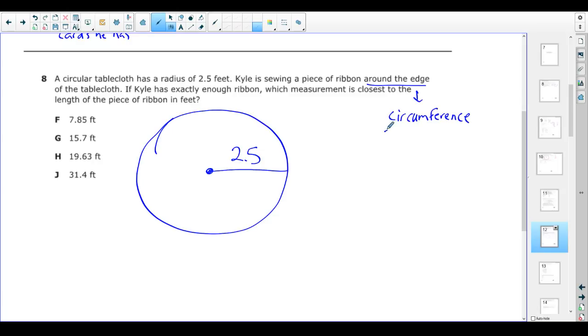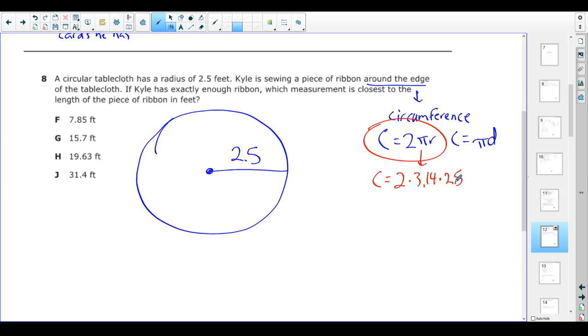So if we go to our formula chart, it says circumference is pi times diameter, or 2 pi r. But since we have the radius, that'll be the formula we want to use. Circumference is going to equal 2 times pi, which is 3.14, times 2.5, and we just have to multiply.